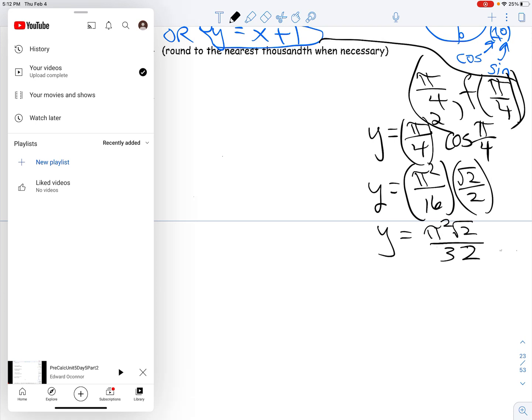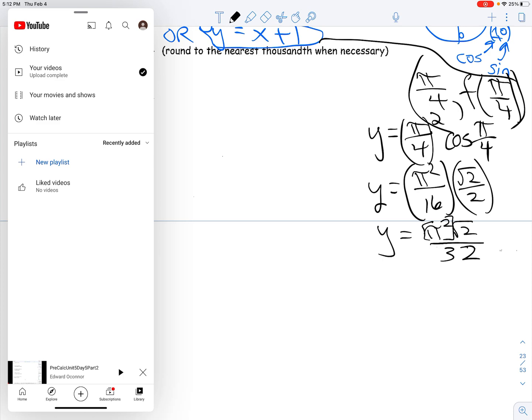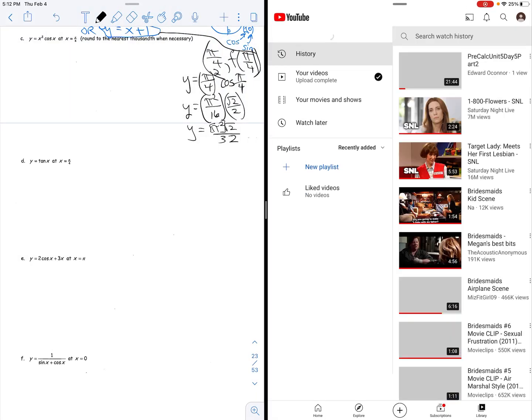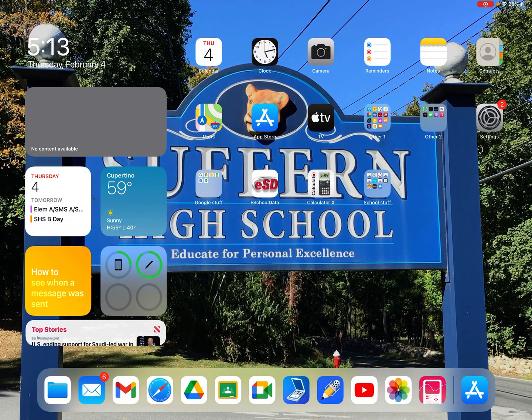So y is going to equal pi squared radical 2 over 32. That is my y value, right? How do I get rid of this?